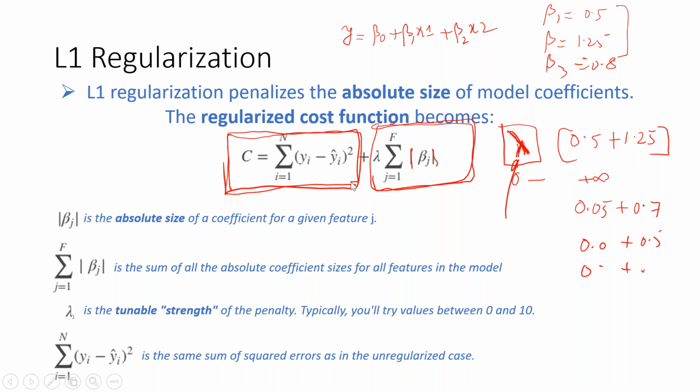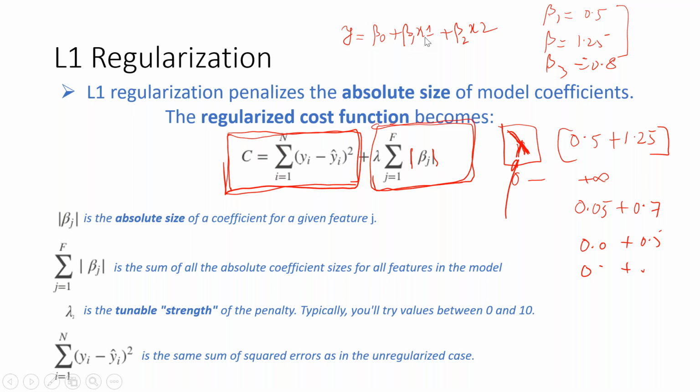Then these betas will be recomputed with this cost function, and the effect is that, based on your lambda value, they will come down. The slope will be tilted, the slope will be reduced. But if you keep on increasing lambda, finally it reaches a slope of 0.